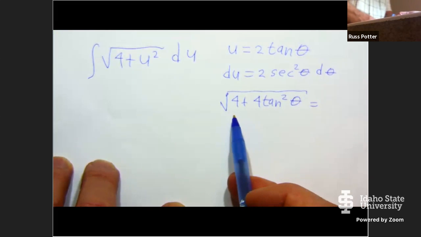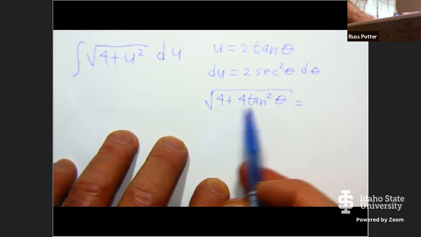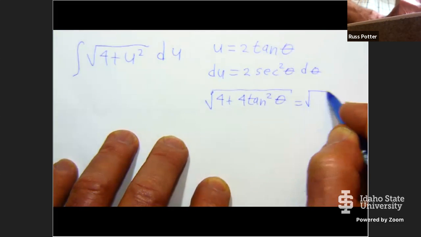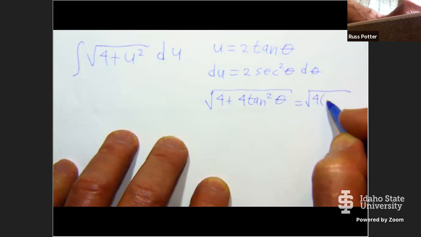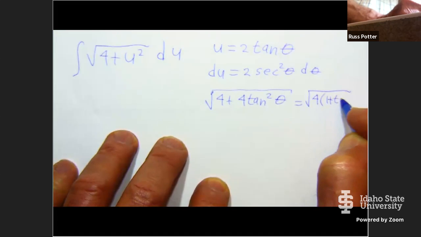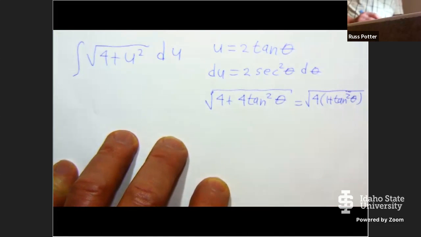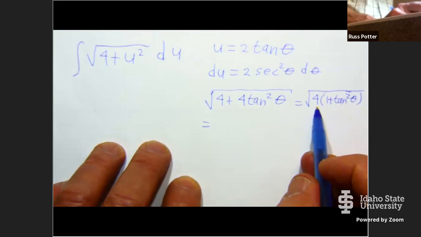Inside the square root, we can factor 4 out of the 2 terms. So we have the square root of 4 times the quantity 1 plus tangent of theta squared. Let's go ahead and take the square root of 4.